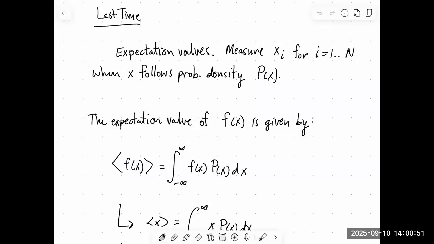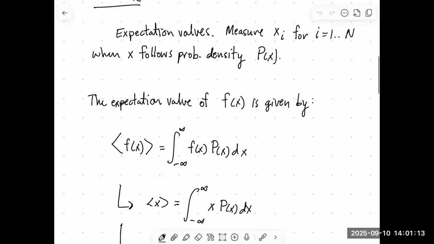The only thing you really have to be careful about is making sure that you integrate over the domain of x that is governed by your probability distribution. Very often, your probability distribution would extend from plus minus infinity, but that's not always necessarily the case.